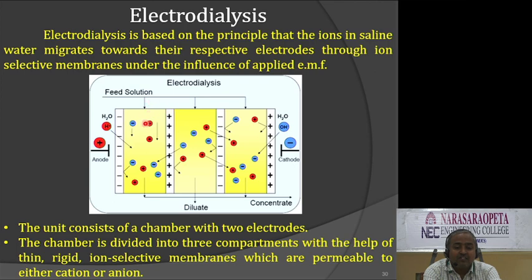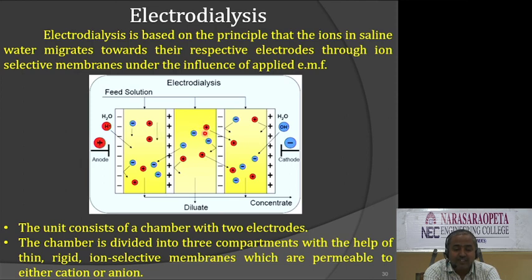The ions which are present in the raw water, that means positive ions and negative ions, after applying the external EMF, can move. Positively charged ions move towards the cathode. Negatively charged ions move towards the anode.